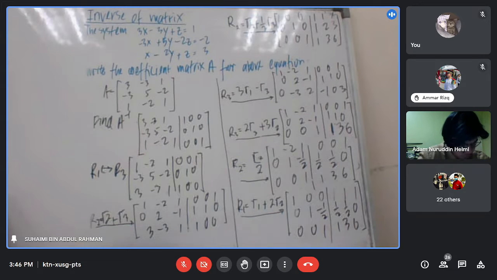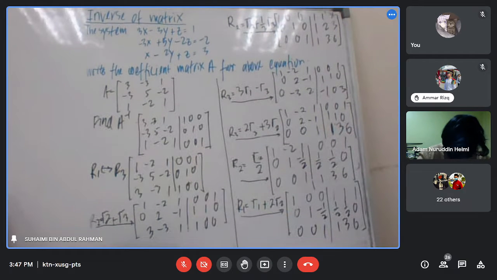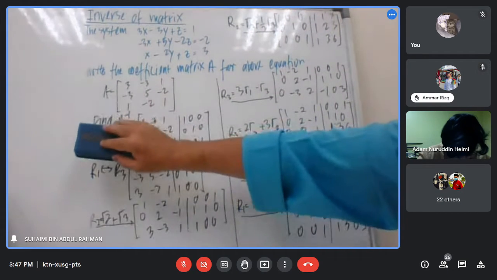Now we managed to make our left the identity matrix. Our right is the matrix of the inverse. The question asks to find the inverse of A. Right.